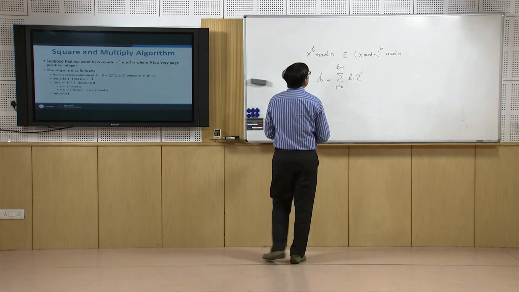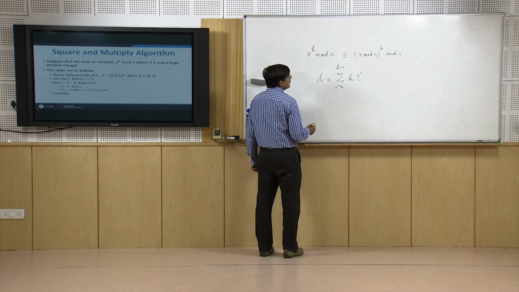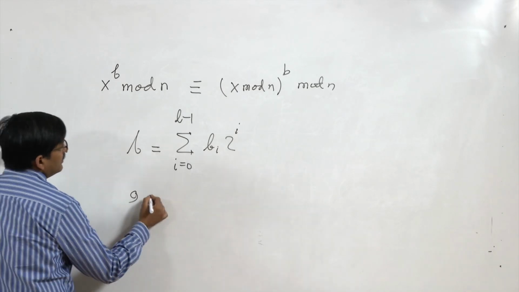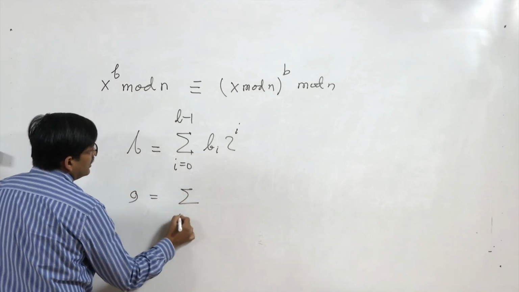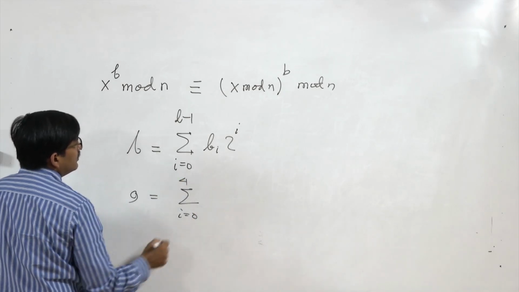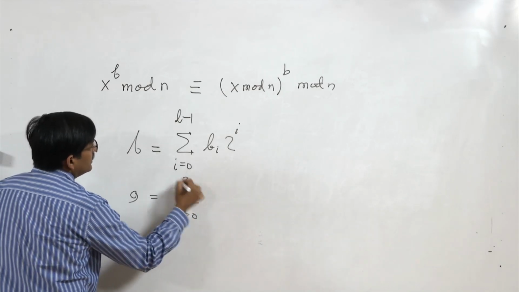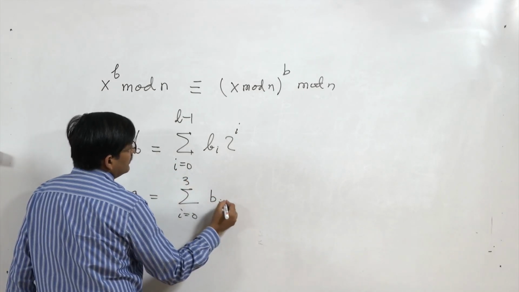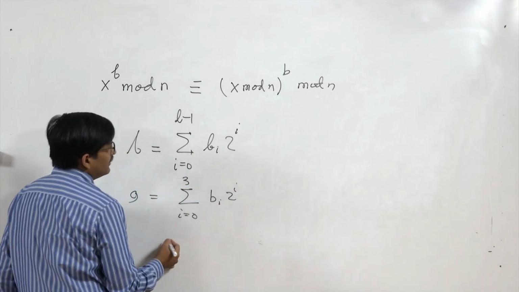For example, if b is 9, then this is i equal to 0 to 3, Bi 2 to the power i.